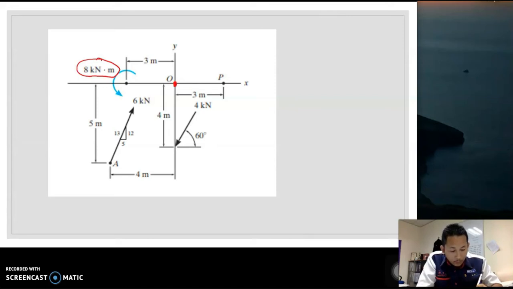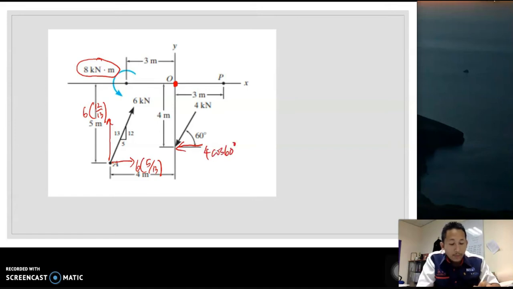This is from O. We have broken our force, and that will be calculated into the equation: 6 times 12/13, and this one is 6 times 5/13, and this one 4 cos 60.